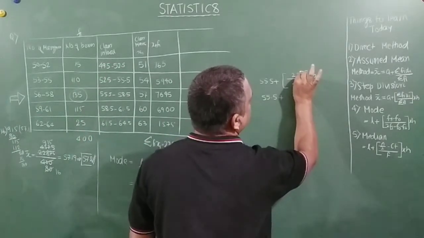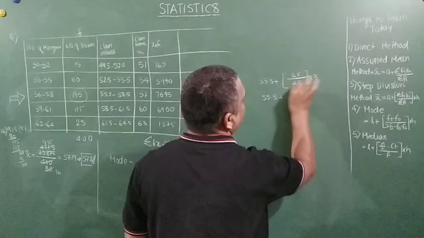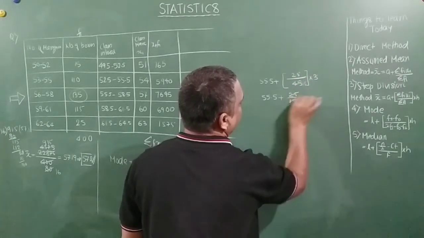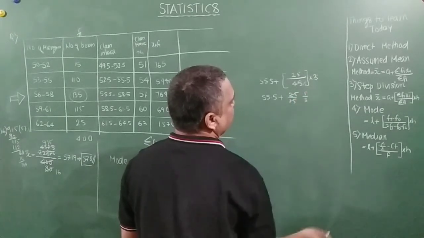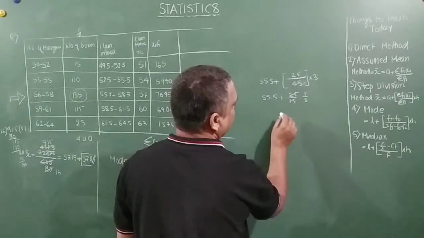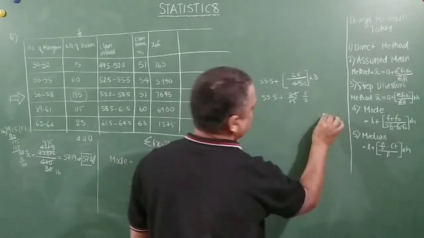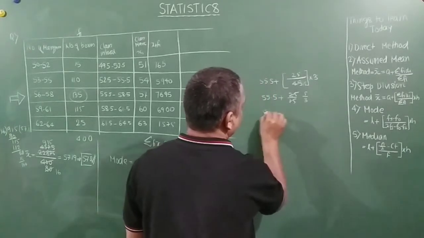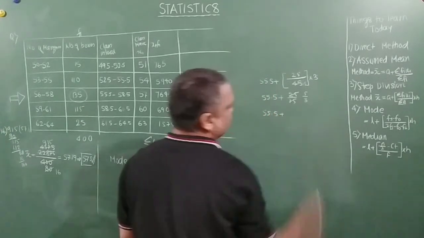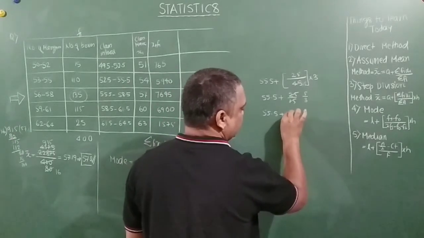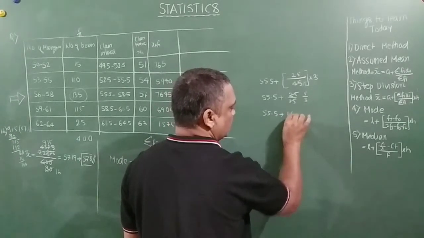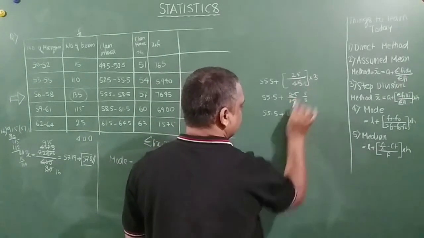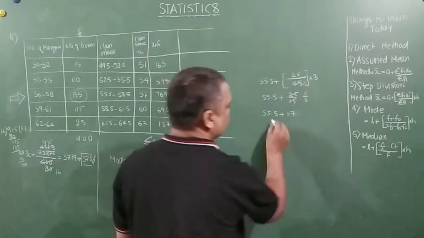Now we can cancel 15. So 25 by 15 we can write as 5 by 3, correct? So taking an LCM now, or we can convert it into decimal, no problem. So 55.5 plus 5 divided by 3, that is 1.66. So let's say 1.7. Right? So let's add it up.